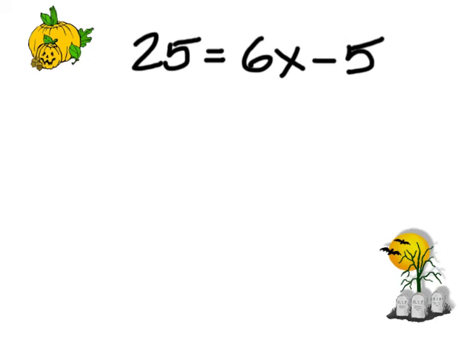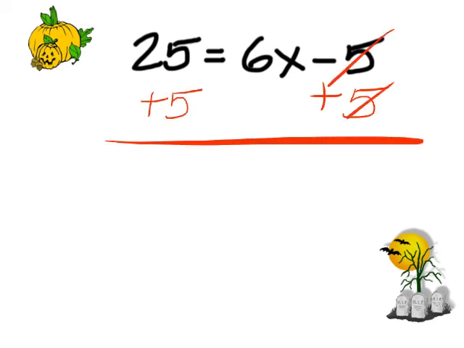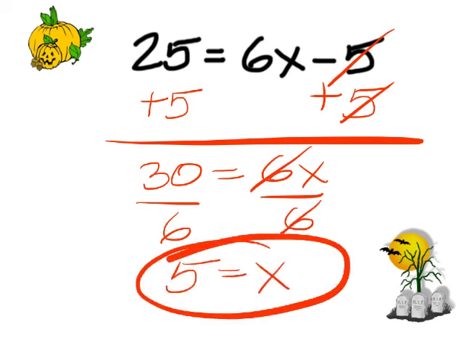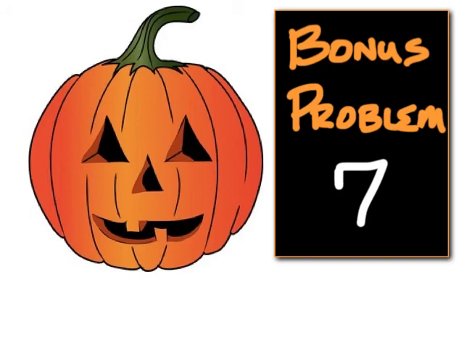Practice problem number 7. On the practice, you will add 5 to both sides and get 30 equals 6x. Divide both sides by 6 to get an answer of 5 equals x.